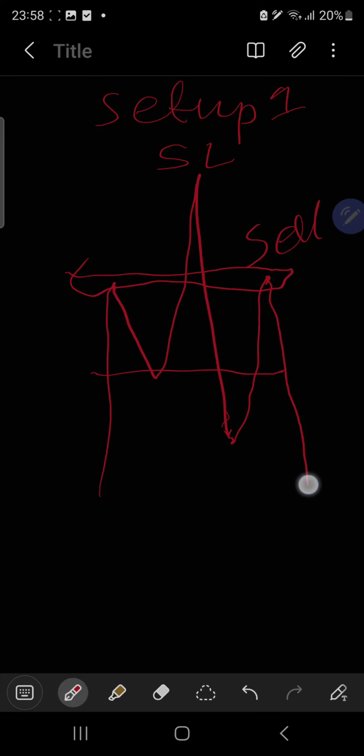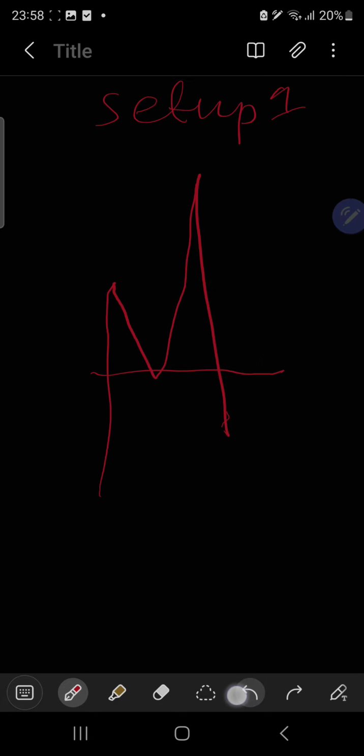Here you sold at this area. This is your setup number one. After this I'll be giving you examples. I'll be adding some pictures so that you can see what the examples are like and how the setup works. All right, now we'll go on to setup number two.